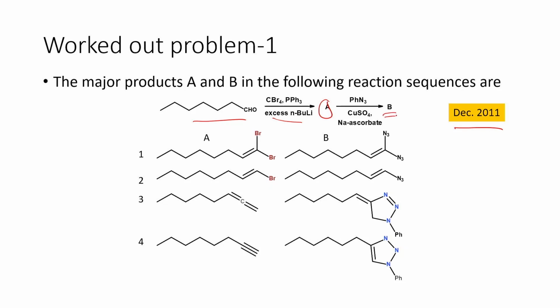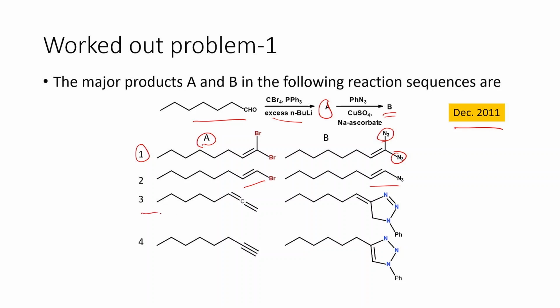So these are the two reactions that are given, and there are four combinations of products given. The first option has a dibromo alkene as intermediate A, and B is having two acid groups in the final product, and in the second option it is just a bromoalkene, and the second intermediate B is an alkene acid derivative.